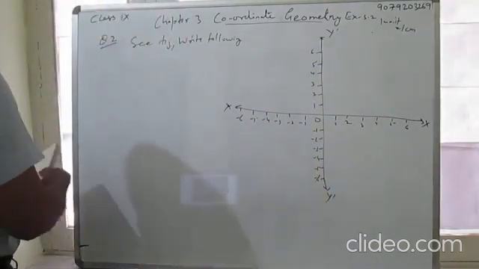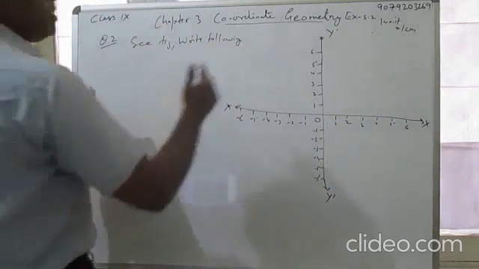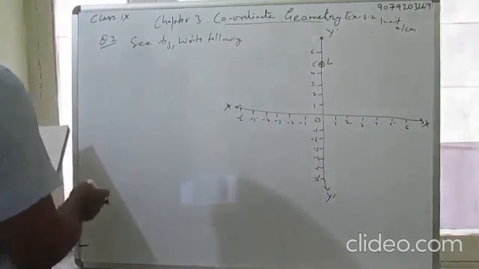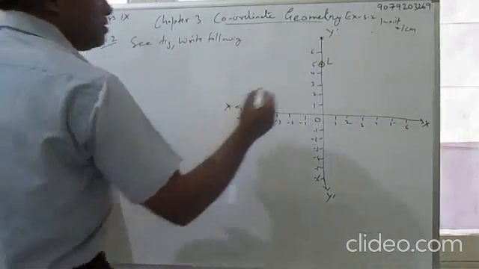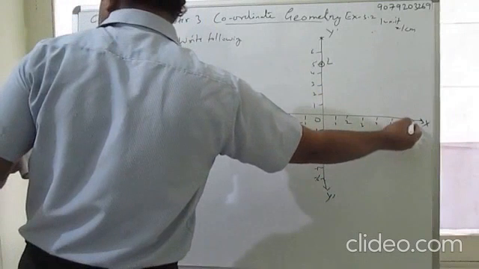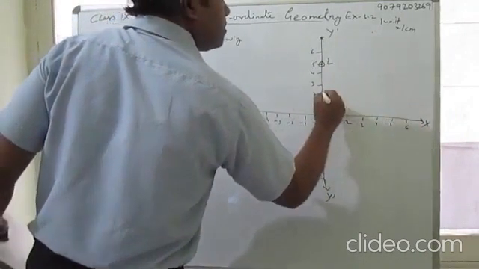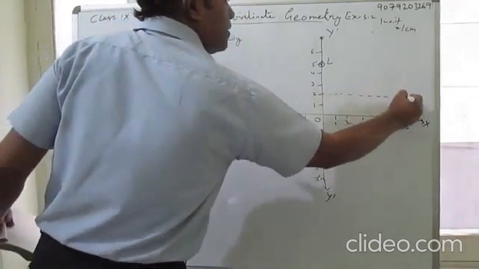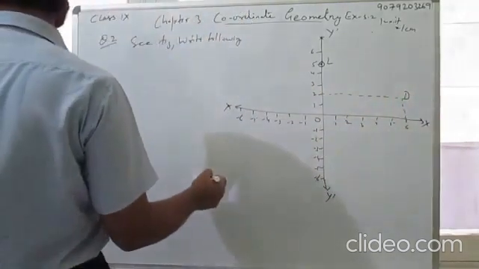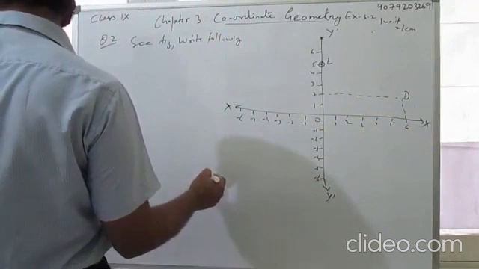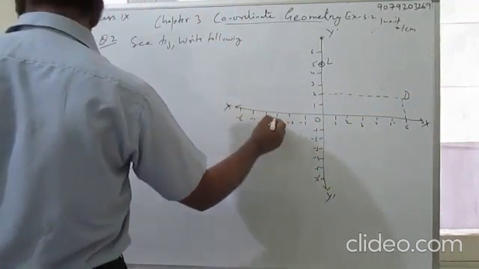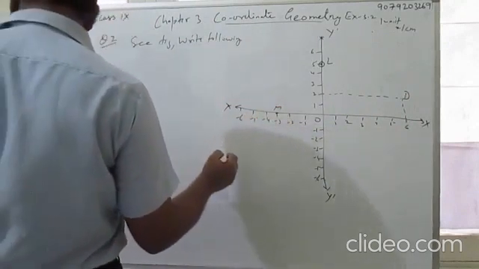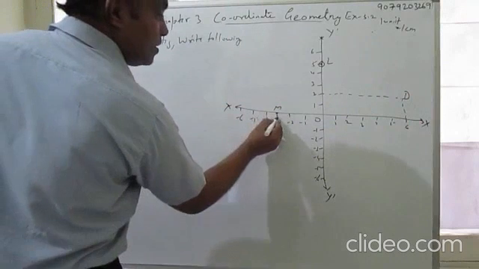Now, this point's name is L. This is L. This point, 6 and 2, is given to you as point B. This is point M, and -5, -3.